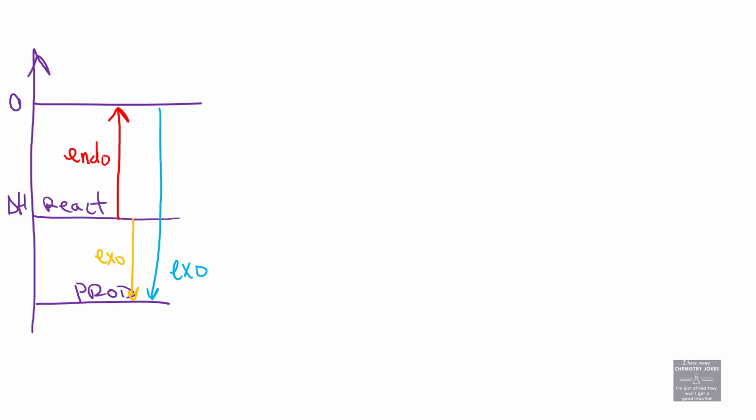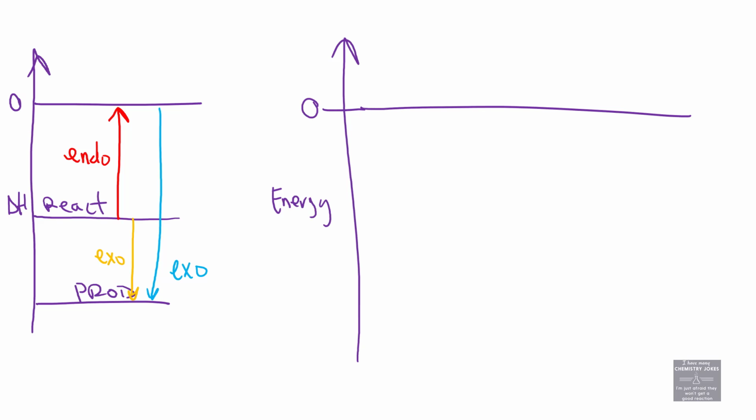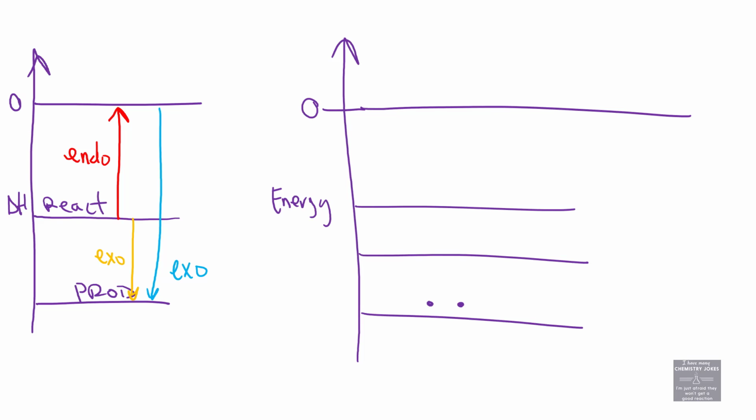If we relate these enthalpy plots to Chapter 7, energy plots, in Chapter 7, we're not talking about reactants and products being on shelves. We're talking about electrons. And I'm going to write these little electrons as little dots. We're going to talk about them being dots or not dots later.